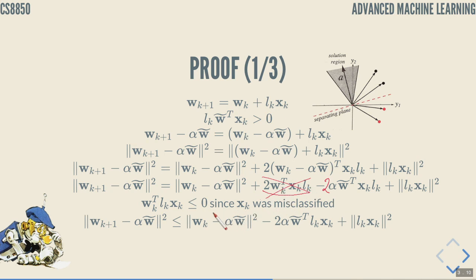Since x_k was misclassified, this part is negative. We're removing that from the equation, and what we obtain without this part is larger than what we had before. That's why instead of equality, we now have, and again maybe it's 0, right? It's less than or equal to. That's why we replace it with the less than or equal to sign.